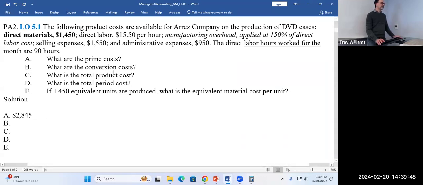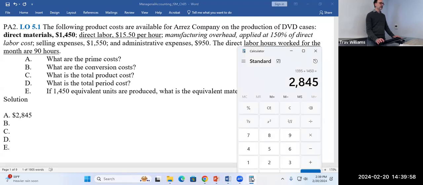Then conversion. For conversion, we have to know the overhead, and it says that overhead is 150% of direct labor. So the direct labor was $1,395 times 1.5.